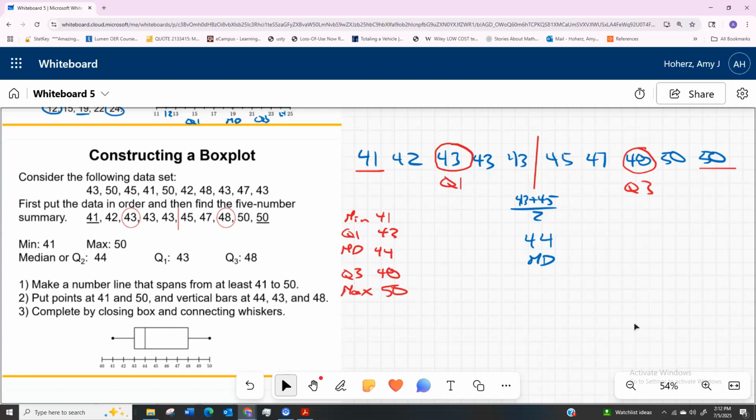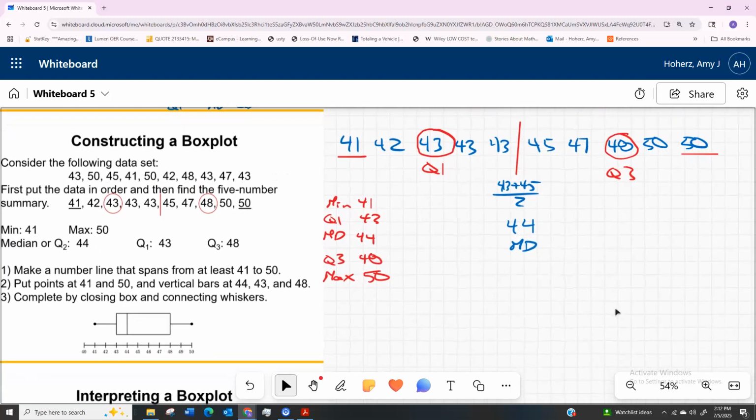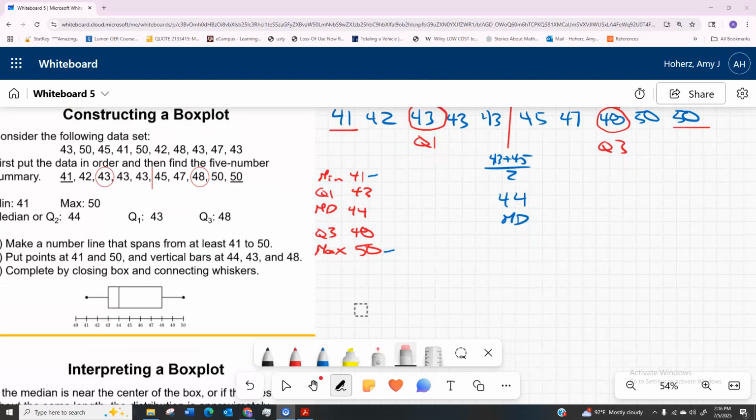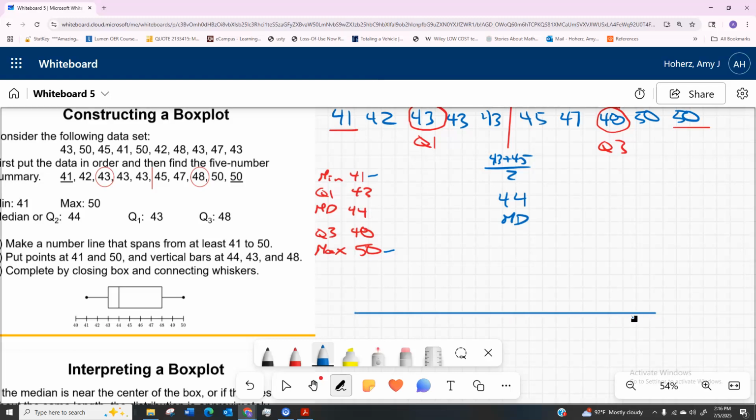So now if we're going to make our box plot, we're going to make our number line along the bottom. Okay, so we make our number line, and then we're going to make sure that we go from at least 41 to 50.